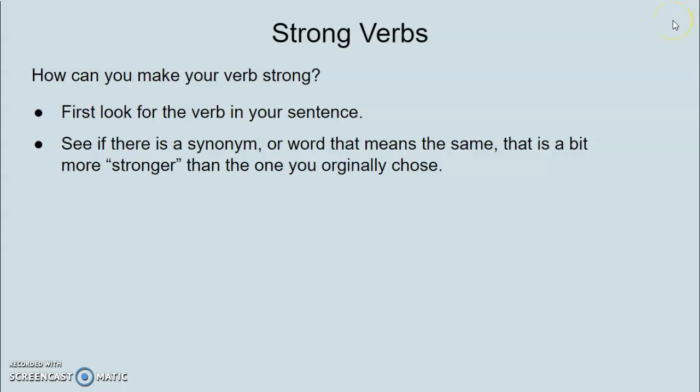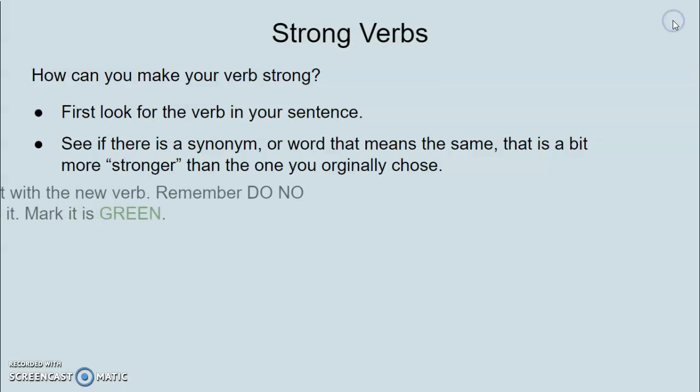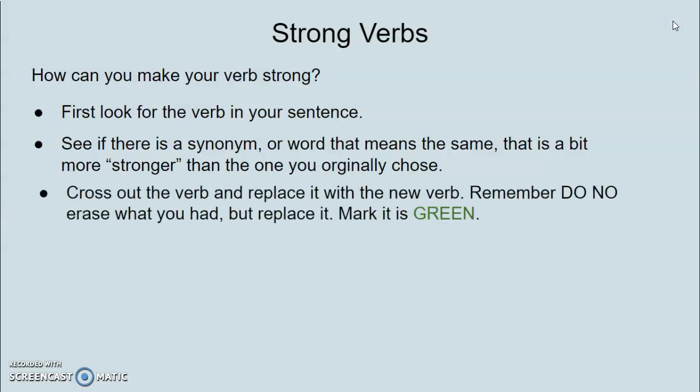But if you didn't, this is now the time to do that. So you want to cross out your verb and you want to replace it with a new verb. Remember, don't erase anything. We want to replace, not erase. And then once you've added that strong verb or you've identified your strong verb, you want to underline it in green. Green pencil, green crayon.